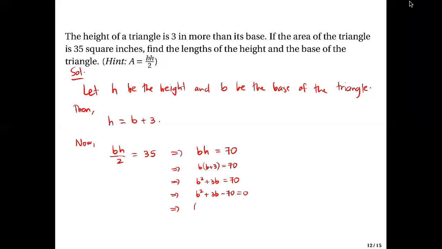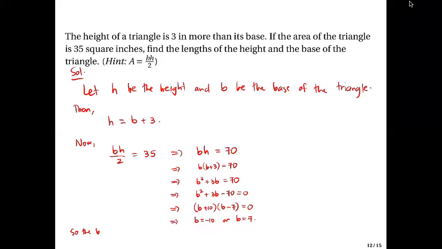We can factor this equation into (b plus 10) times (b minus 7) equals 0. This gives us b equals negative 10 or b equals 7. Take note that we are looking for the lengths of the height and the base. We cannot have negative values. So it's just b equals 7.